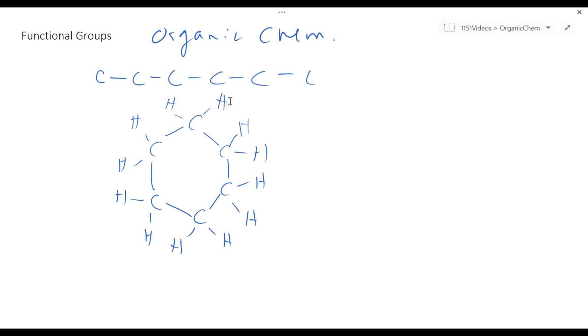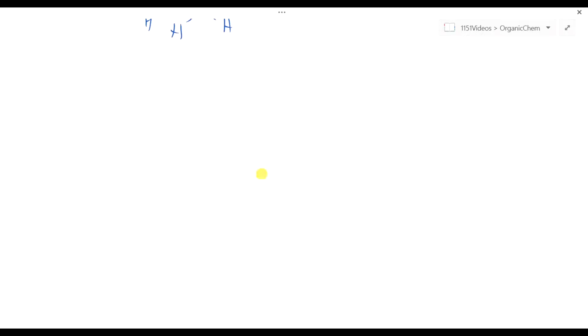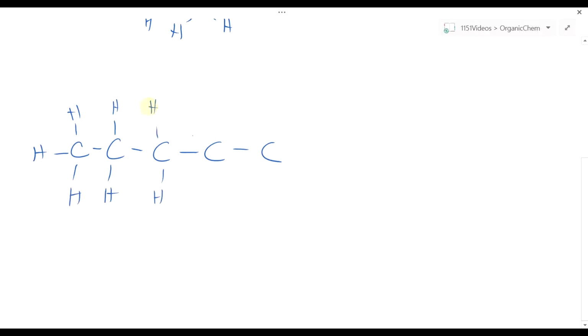I do want to get into functional groups. So let's start with a plain alkane, and I'm just going to draw 5 carbons. If you still don't really know what a functional group is, we will define it on the slides.